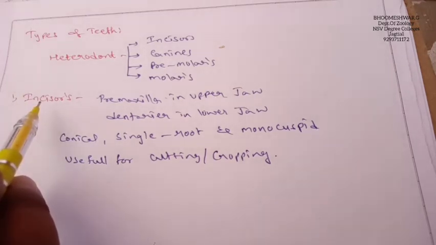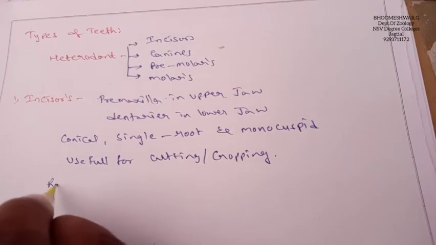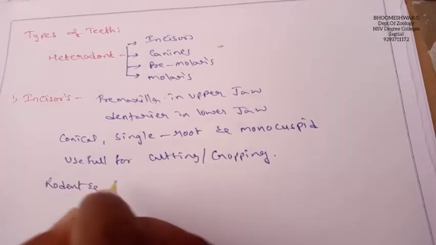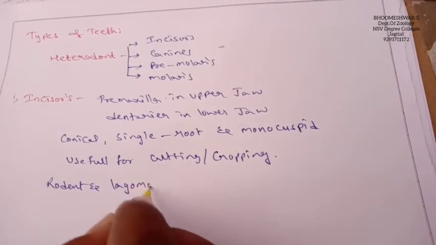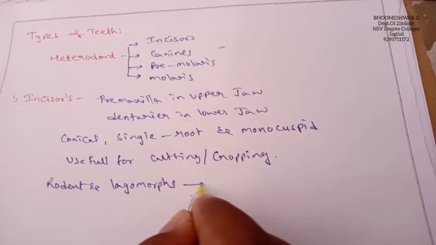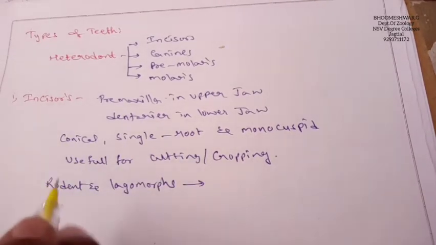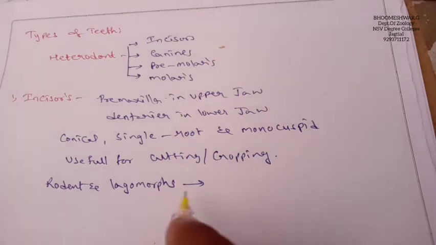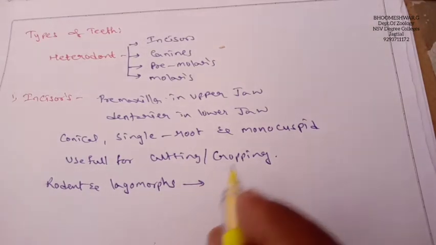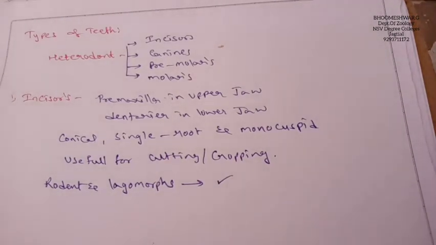These incisors grow continuously throughout life, especially in rodents as well as lagomorphs. So these groups have the same incisors, but they grow continuously throughout their life.